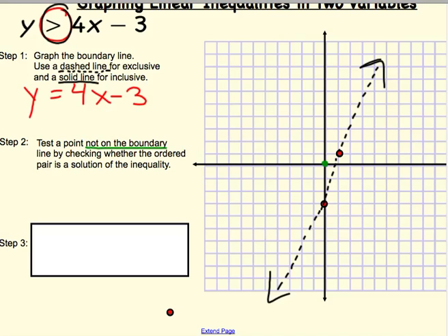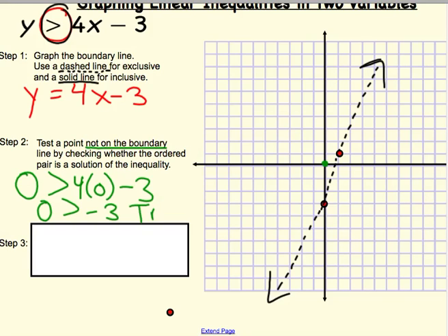We can see that the origin is not on my boundary line, so I'm going to test that. The origin is 0, 0, so I'm going to replace 0 for y, and I'm going to do 4 times 0 minus 3. If I evaluate this, I get 0 is greater than negative 3. This is a true statement.